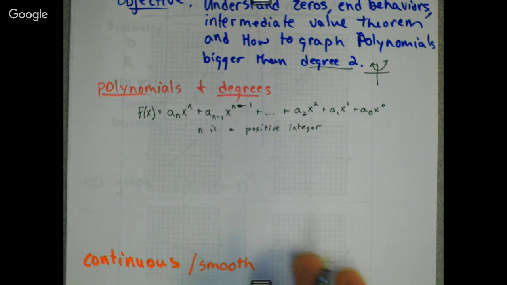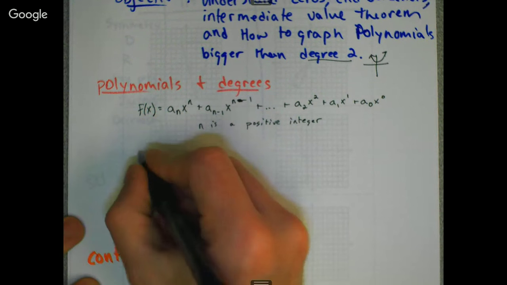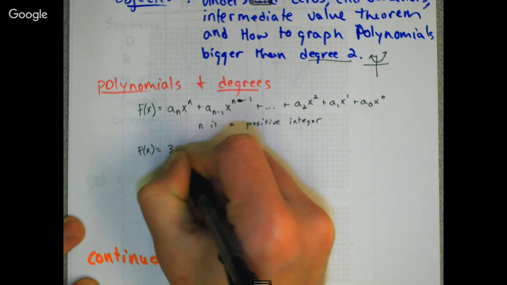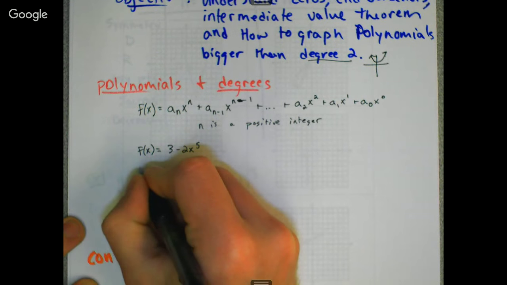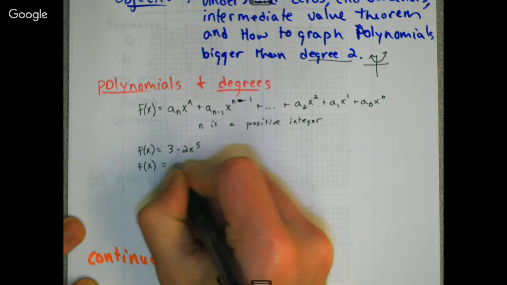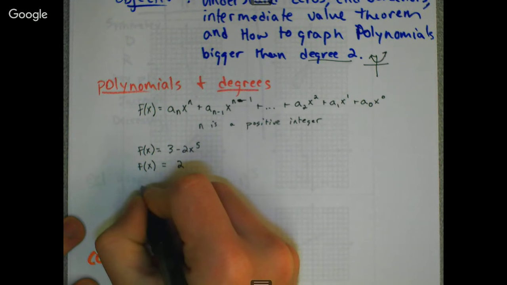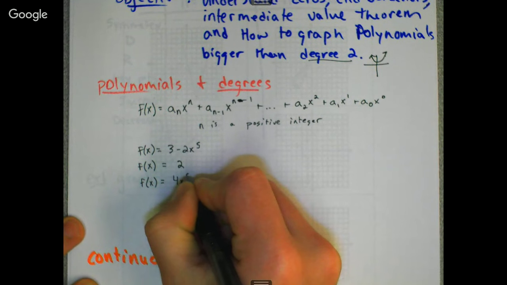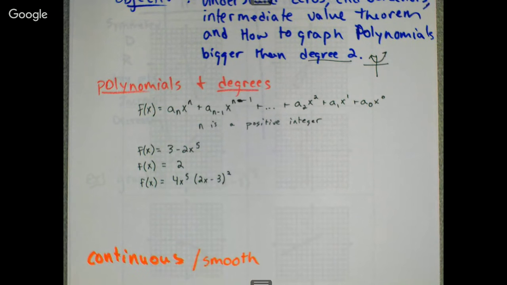So let's look at maybe some that are polynomials. If I give you this, that is a polynomial. I can give you this. That is also a polynomial, or that is also a polynomial.